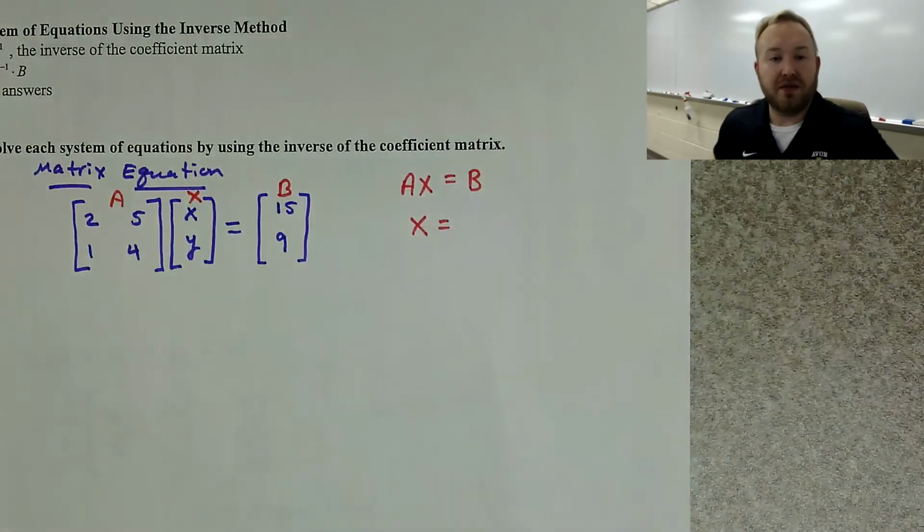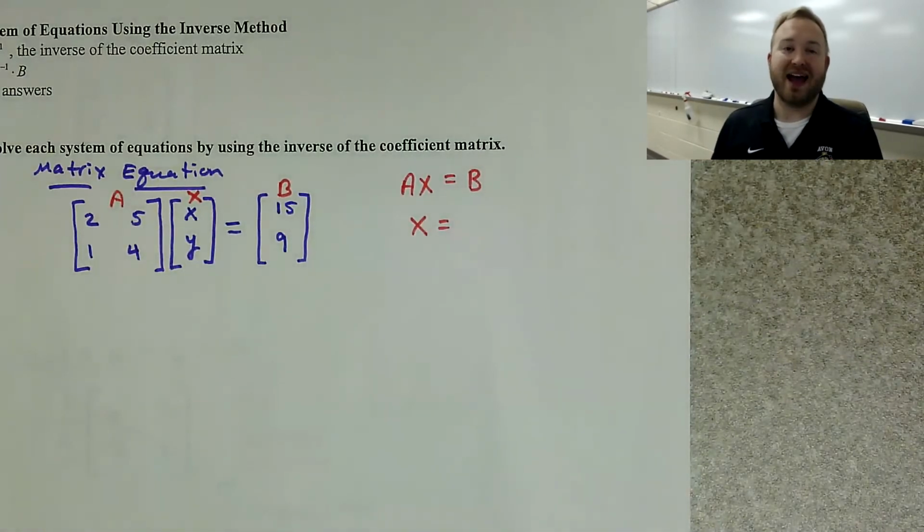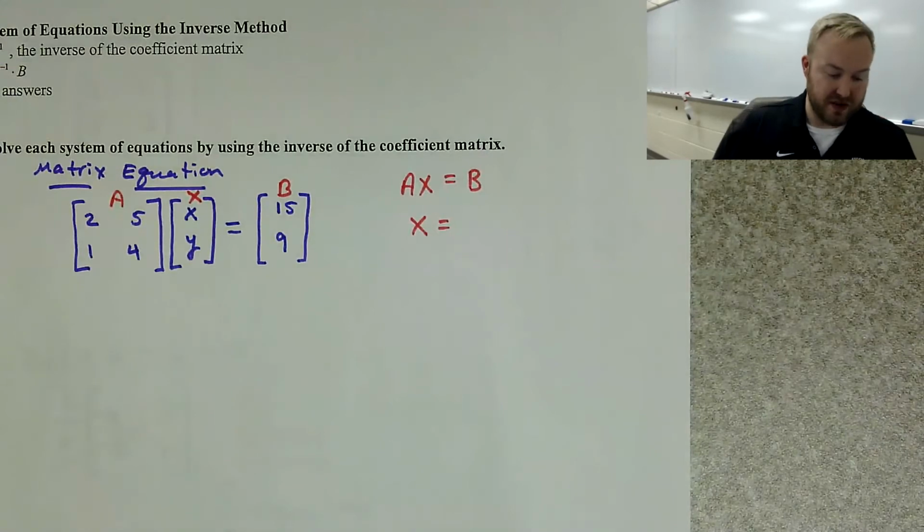Well, you might think that we're going to divide both sides by matrix A, but we actually are not able to divide by a matrix. It's just not something that makes sense. We don't do matrix division.